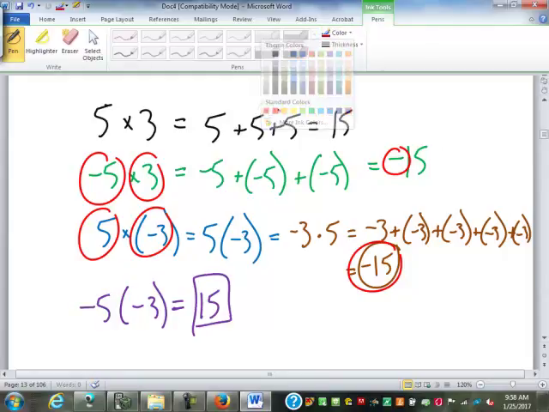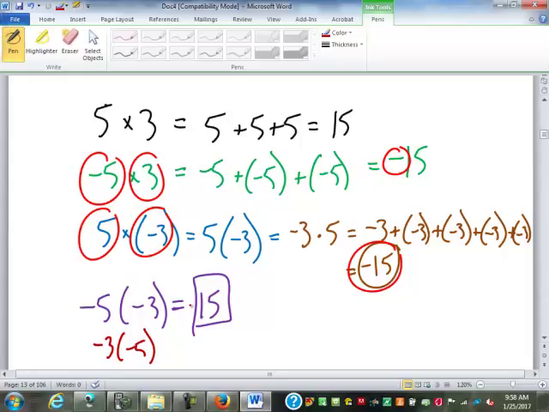Well, I cannot take negative 3 negative 5s and add them together. I can't add negative 5 to itself negative 3 times. I can't switch it around either. If I did negative 3 times negative 5, I can't take negative 3 and add it to itself negative 5 times, can I? Neither one of those makes sense.